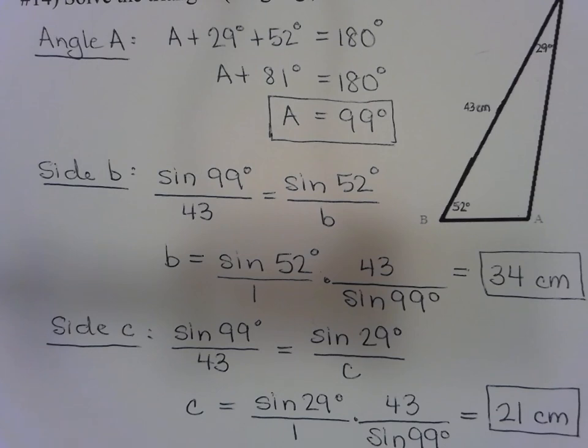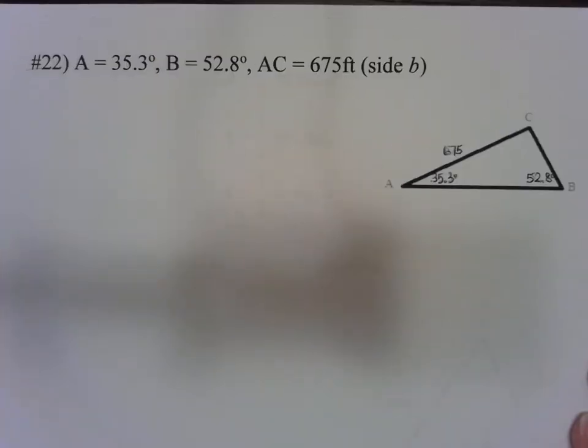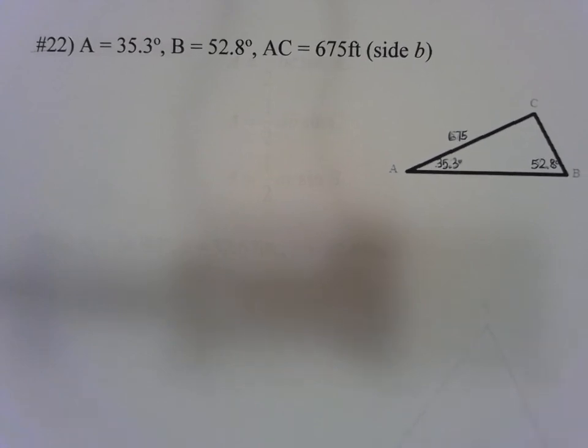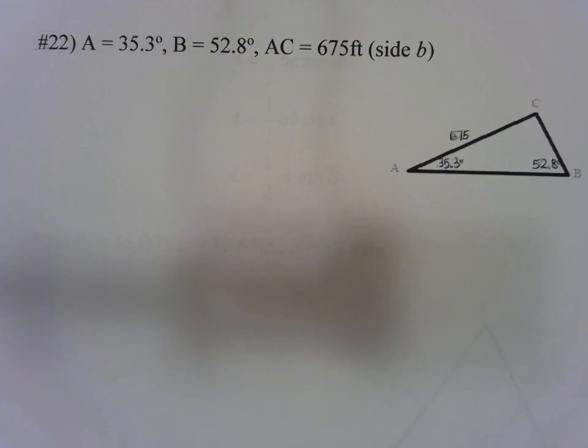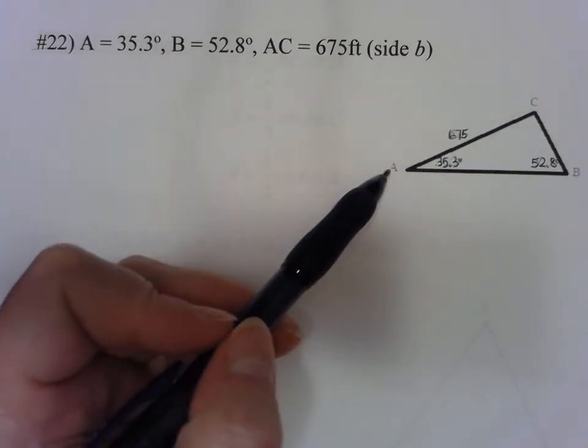Okay, so this is how we can use the law of sines to solve for different pieces of the triangle. I have a couple of these. Let's try another one. All right, so let's see, I'm given, here's my triangle, right?